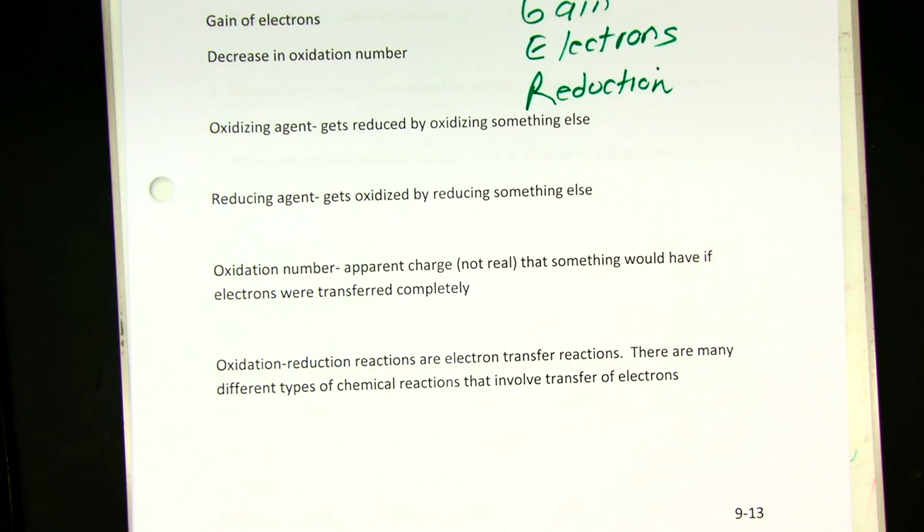The reducing agent allows something else to get reduced, so it gets oxidized. And when you think about this, if you go to Hollywood to become a star, you hire an agent. The agent doesn't become a star, the agent makes you a star. So the agent lets something else get oxidized. The agent lets something else get reduced.